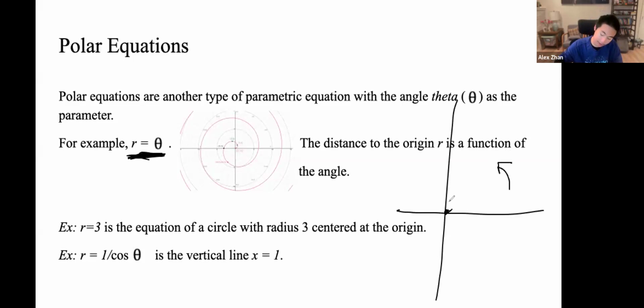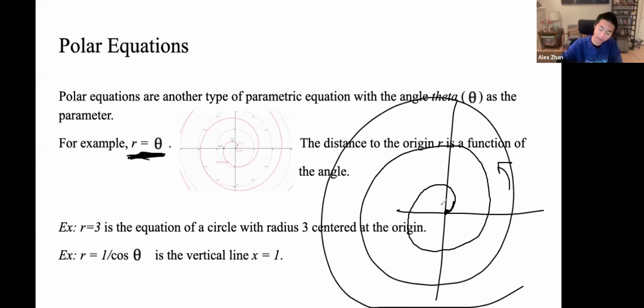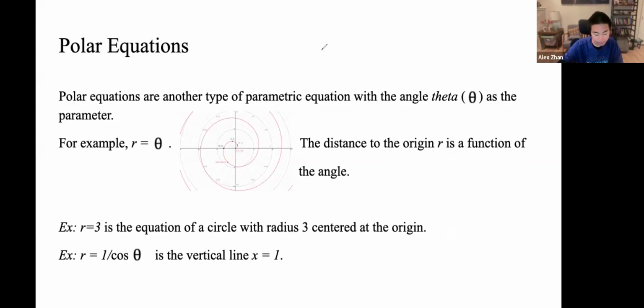As r increases, your distance from the origin increases. So you're turning counterclockwise while increasing distance from the origin. It looks like this, because the distance to the origin is slowly increasing while you're also turning counterclockwise. This is just a basic example.